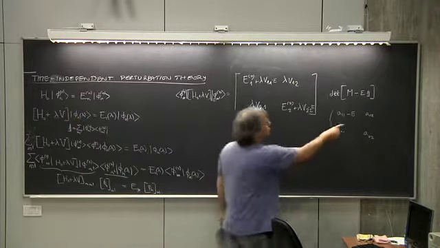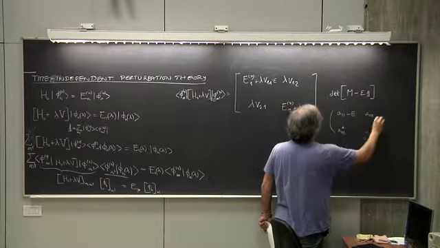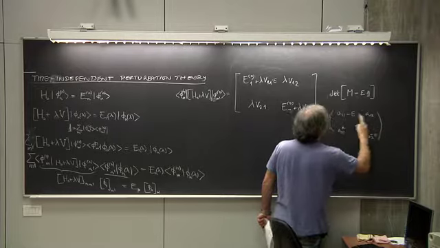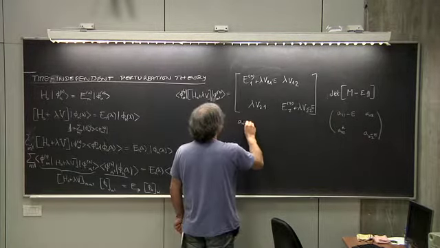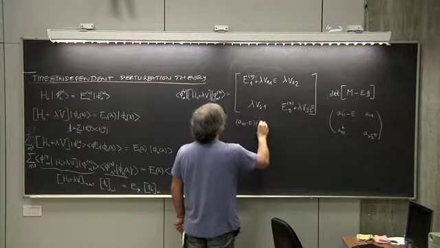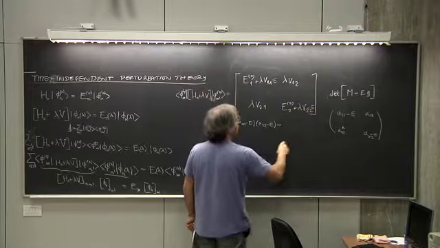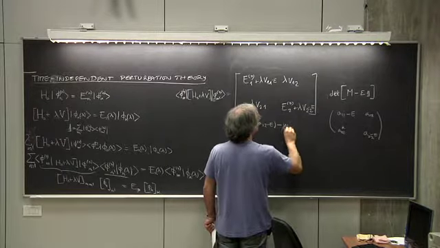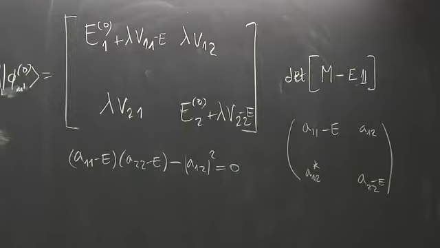So this is just the star of that element, A12 star. So minus E. How do you solve this problem? Well, it's A11 minus E times A22 minus E minus modulus A12 squared, which should be set equal to 0.